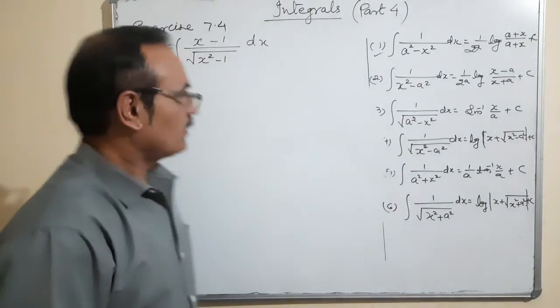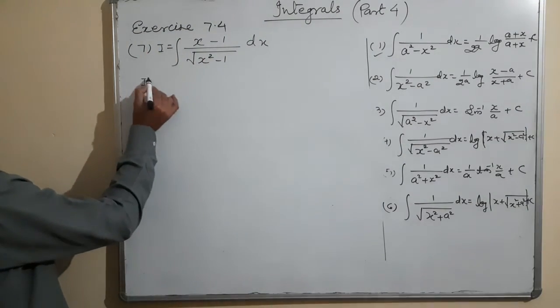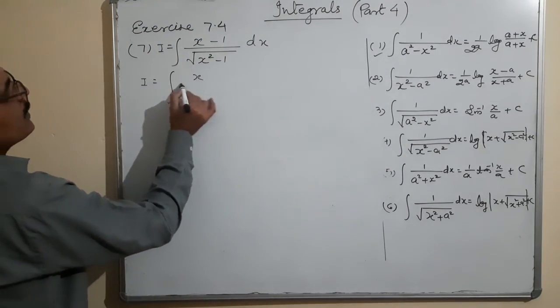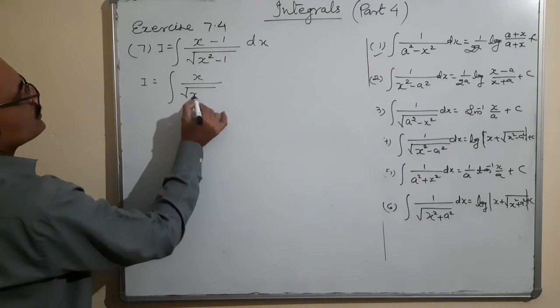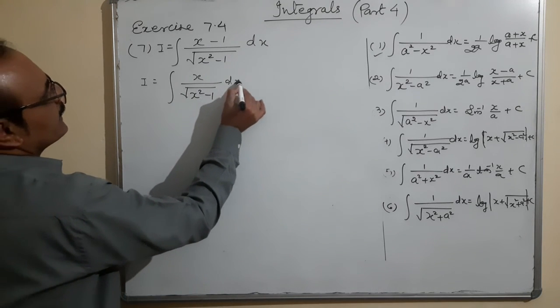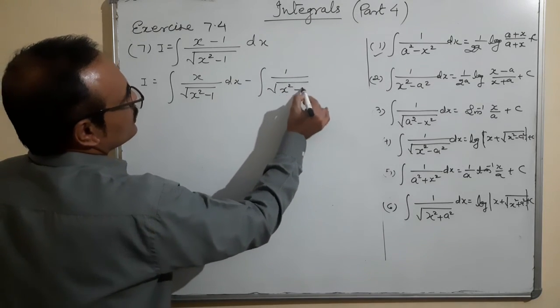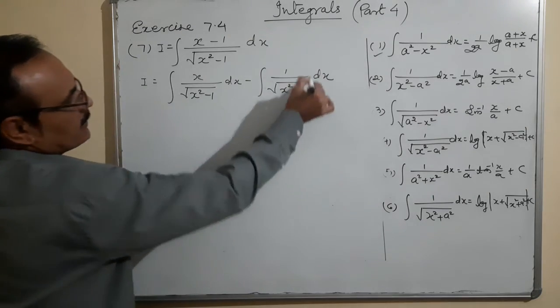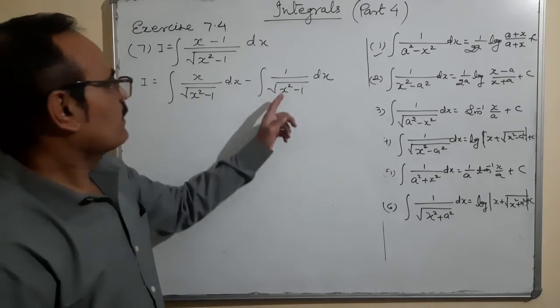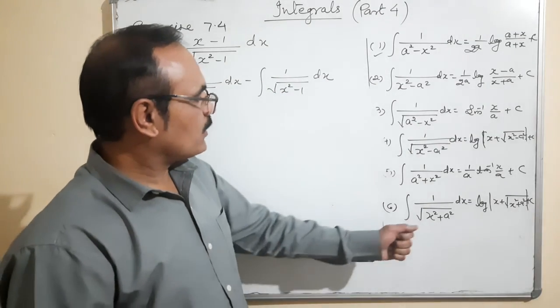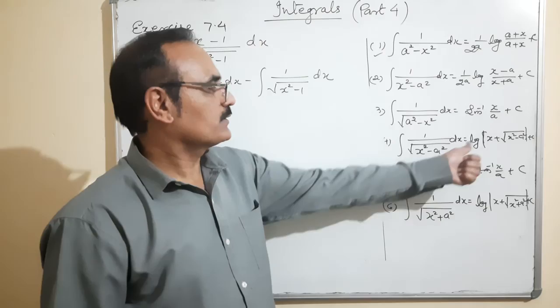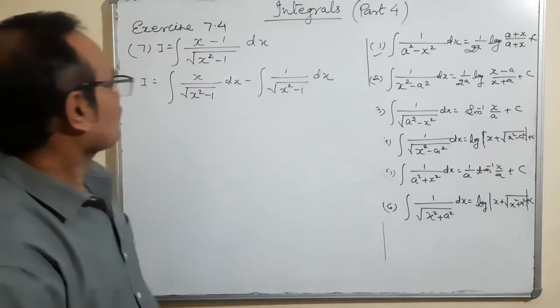Integrate the term. We'll separate first: x upon under root x square minus 1 dx minus 1 upon under root x square minus 1 dx. The second becomes a direct formula, for under root x square minus a square.